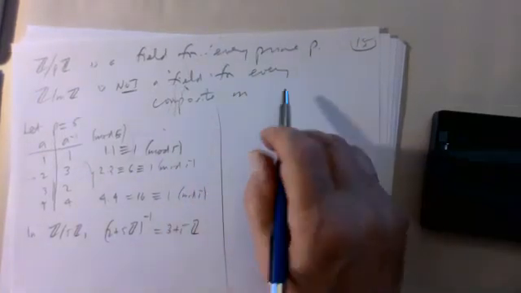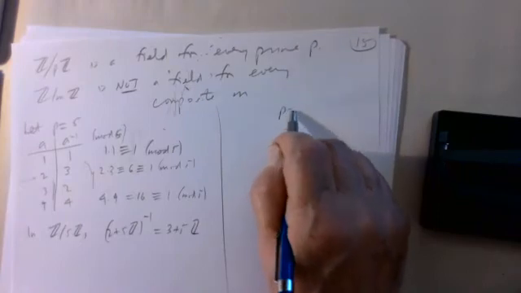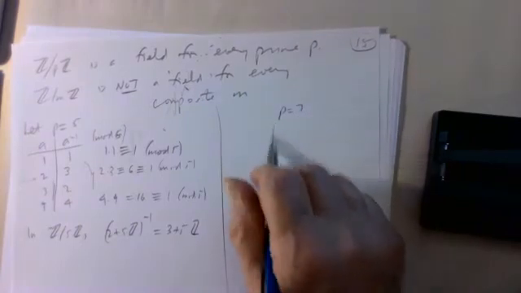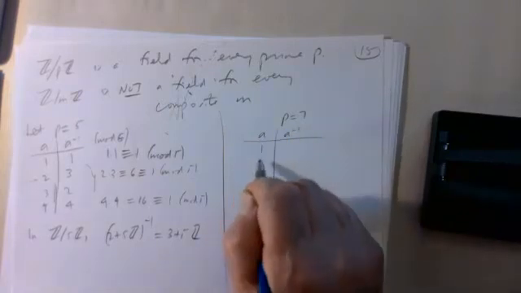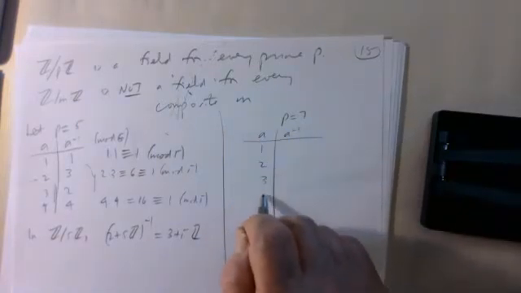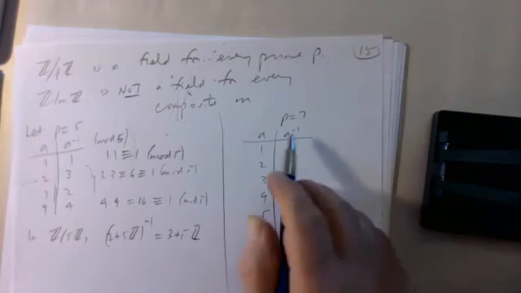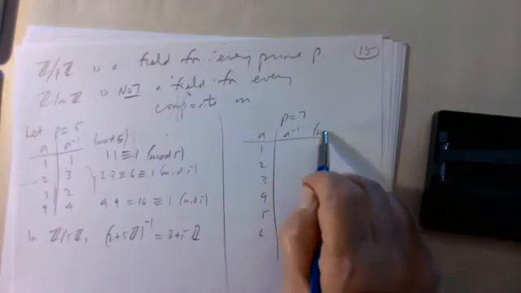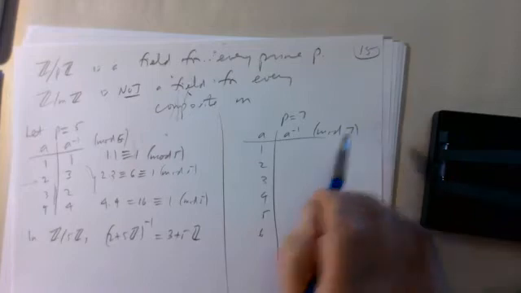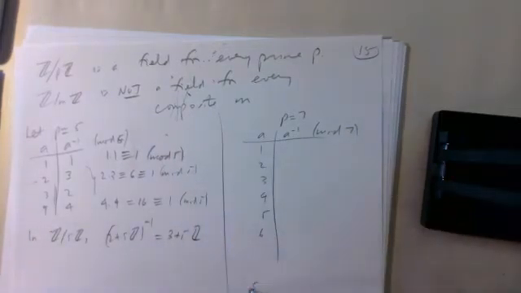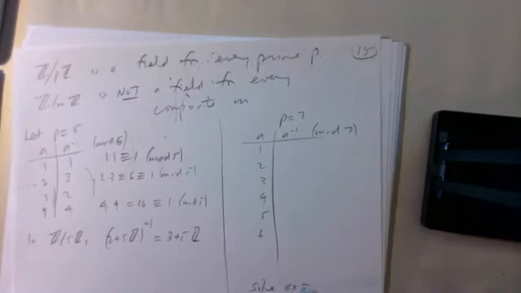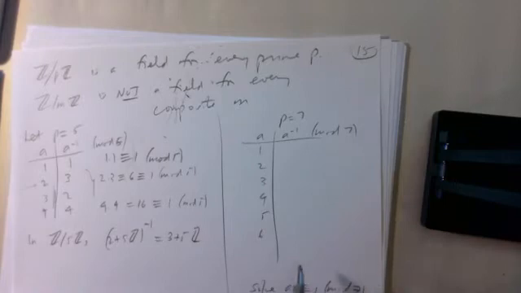So just so you get a little practice at this, suppose I let p equal 7. For each non-zero congruence class mod 7, there are 6 of them, namely 1, 2, 3, 4, 5, and 6. Compute the inverses mod 7. So for each of these numbers, you want to solve ax congruent to 1 mod 7.